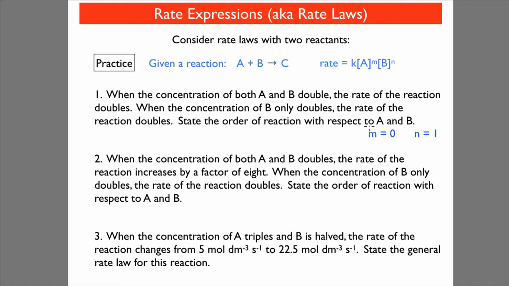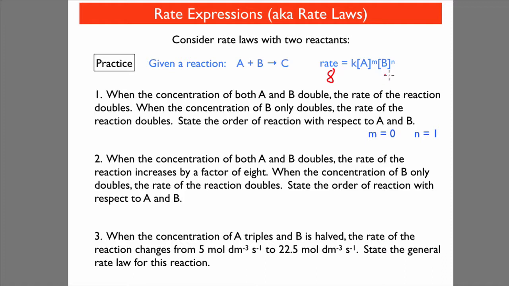When the concentration of both A and B doubles, the rate of the reaction increases by a factor of 8. So we're going to go up to 8 here. When the concentration of B only doubles, the rate of the reaction would only double. So they're proportional, aren't they? So B must be first order.